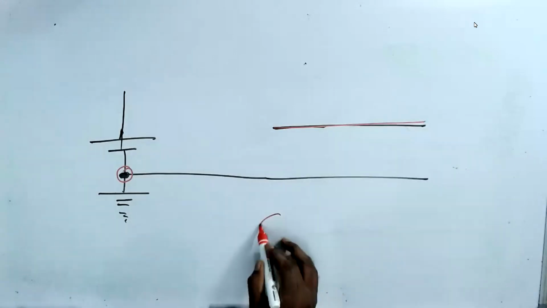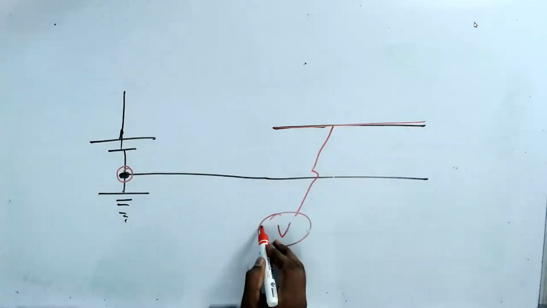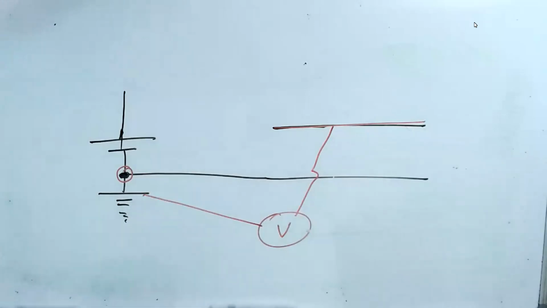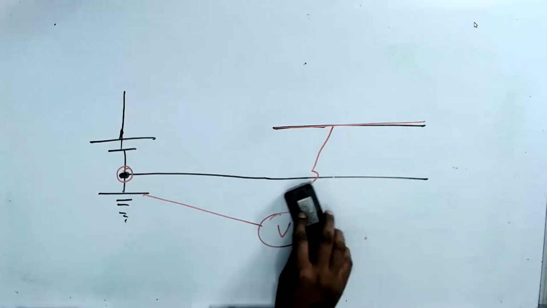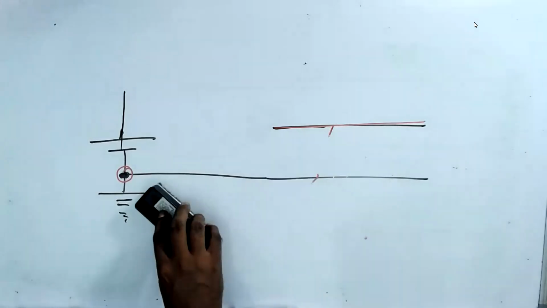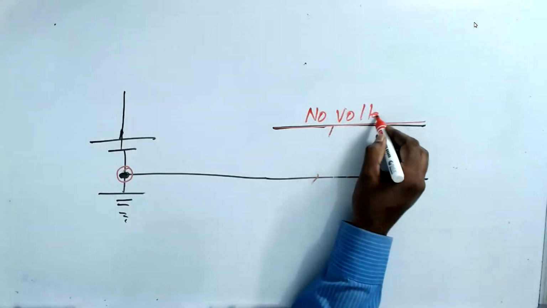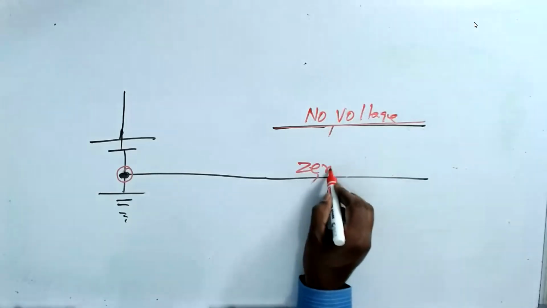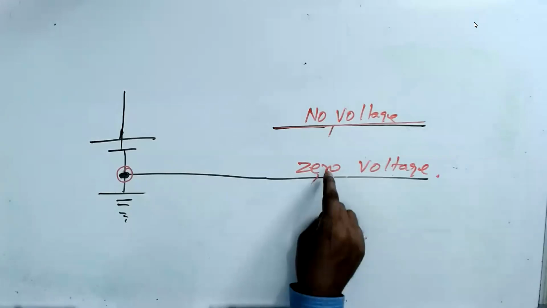I use a voltmeter and measure this point and this point. What is the voltage you will get? You will say 0 volt. But that is not 0 volt. The meter shows 0 volt because there is no current. But a wire which is not connected is called no voltage. This is called 0 voltage. So you have to understand the difference between 0 voltage and no voltage.